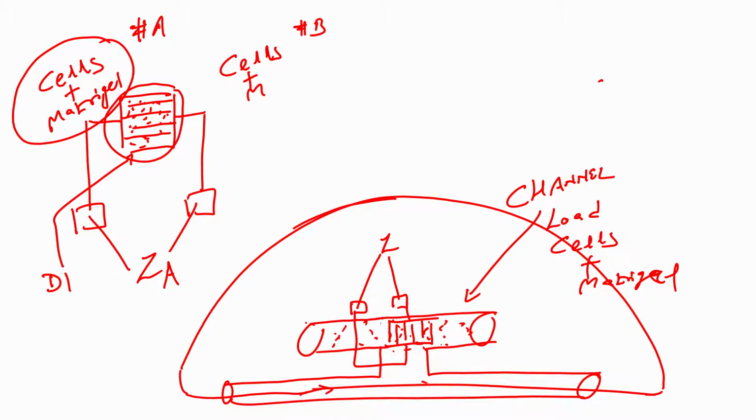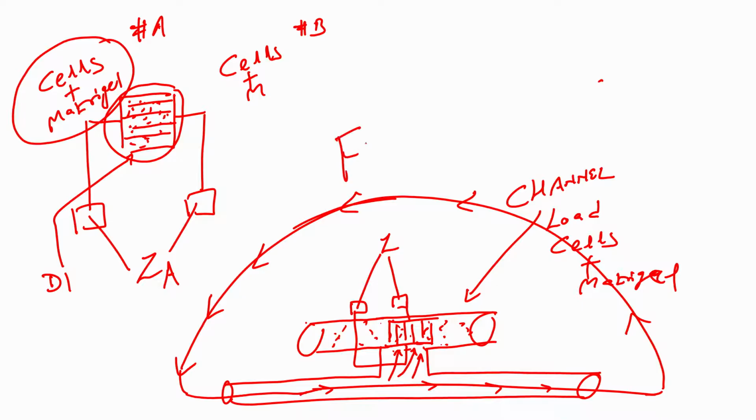So, the drug will pass continuously through this channel. When the drug passes through this channel, the drug will also diffuse into the smaller channel where there is matrigel plus cells, right. This diffusion can be controlled with the help of a flow rate.